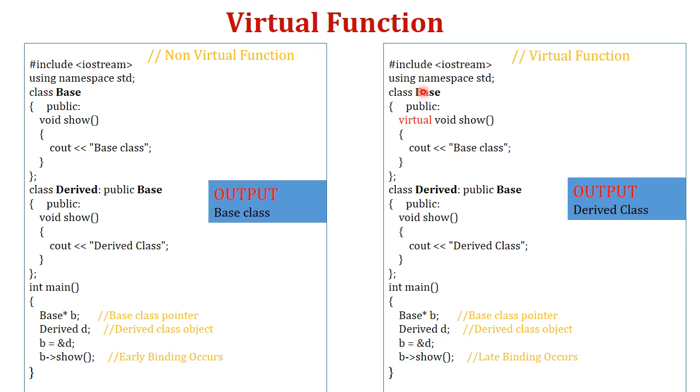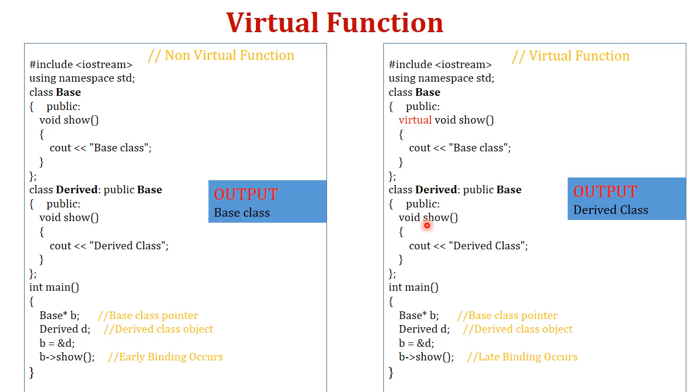Now automatically the base class function becomes the virtual function and the derived class function is a normal function. See, the same function is redefined in both the base class and derived class, but in the prefix we are adding the virtual keyword, so the base class function becomes a virtual function and the derived class function is a normal function.